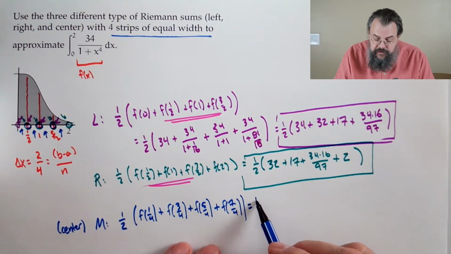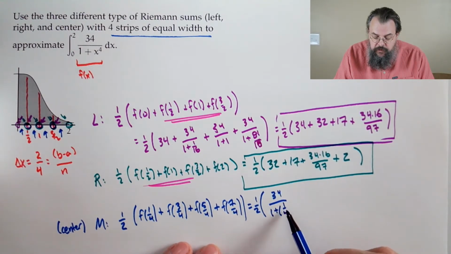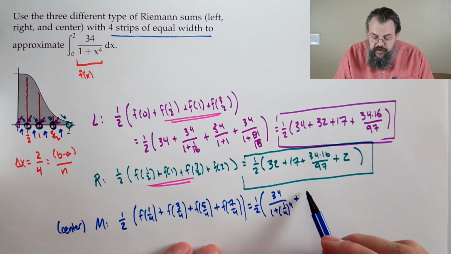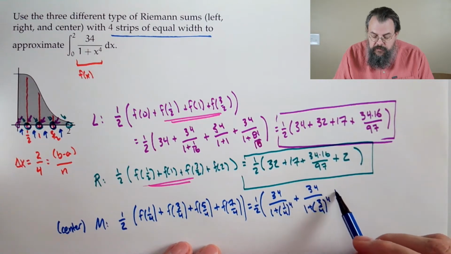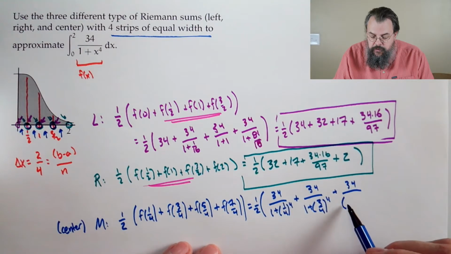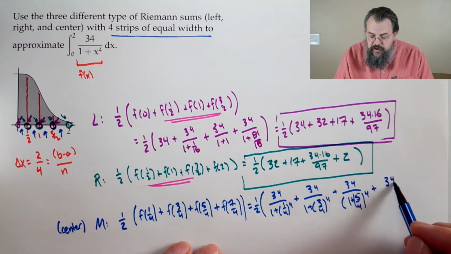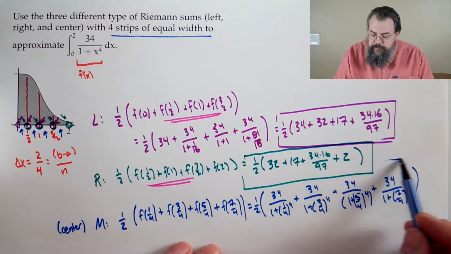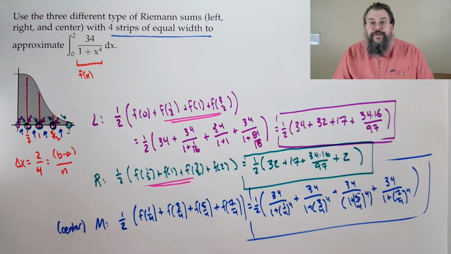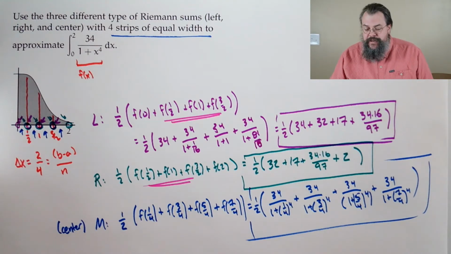So that's a half, and, well, 34 over 1 plus 1/4 to the fourth, plus 34 over 1 plus 3/4 to the fourth, plus 34 over 1 plus 5/4 to the fourth, and 34 over 1 plus 7/4 to the fourth. I should be careful there with my parentheses, and we'll just leave it at that. If we wanted something more precise, pull out a calculator, no problem, and there you go.